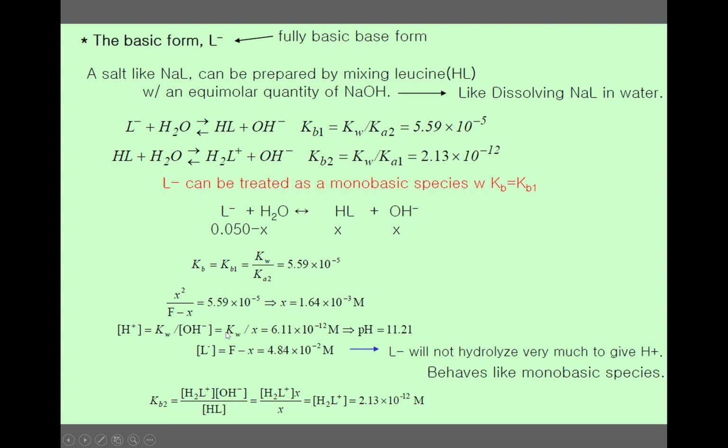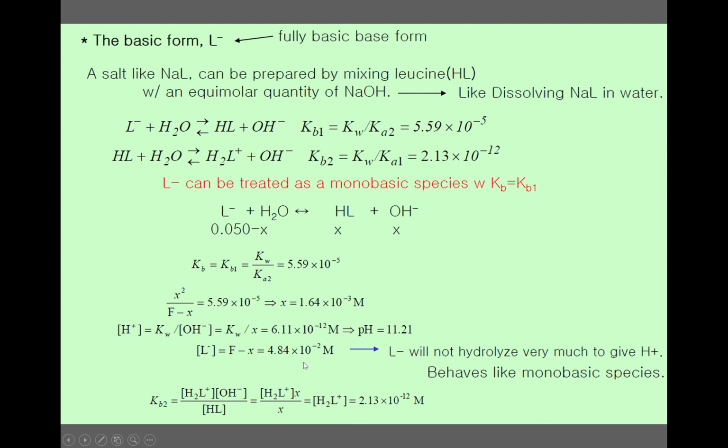We get a proton concentration of 6.11 times 10 to minus 12 molar. So pH is 11.21. And the L minus equilibrium concentration is given by this mass balance equation, and we get 4.84 times 10 to minus 2 molar.